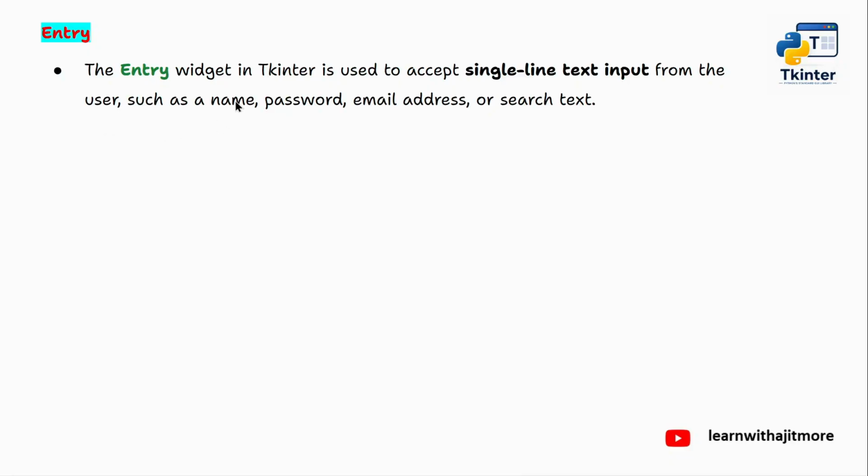From the user, such as name, password, email, or any search text, like please enter the text which you want to search, and then you click on the search button. So it will take that search text and then search and give you accordingly the result. So search text, email address, password, username, all such things when you want to accept, use this entry widget.